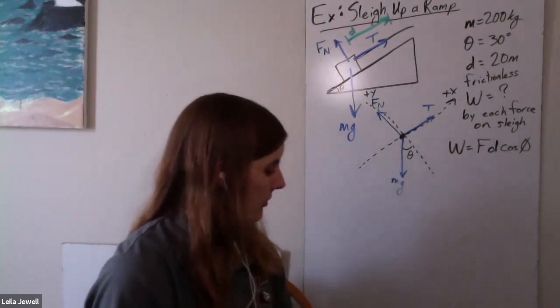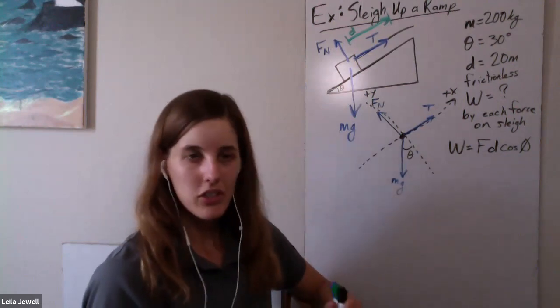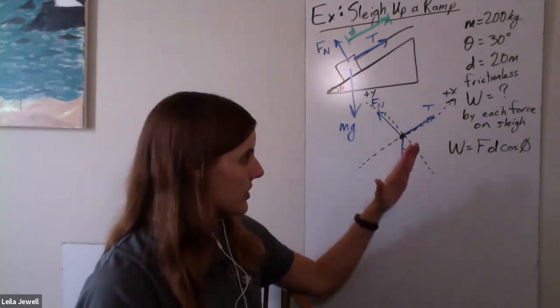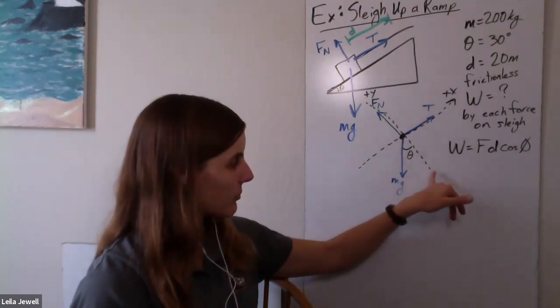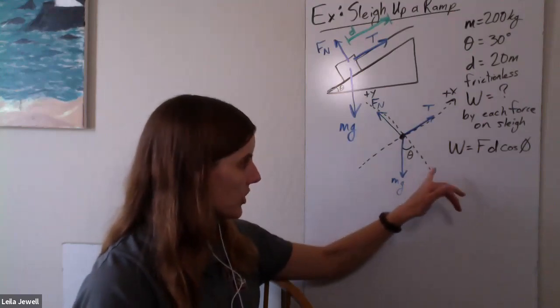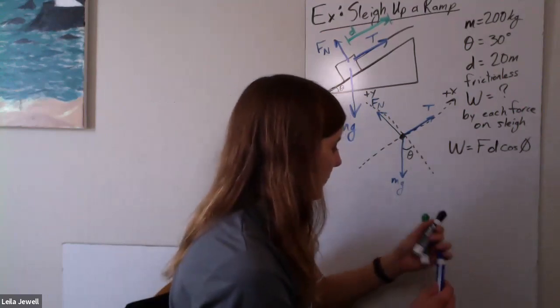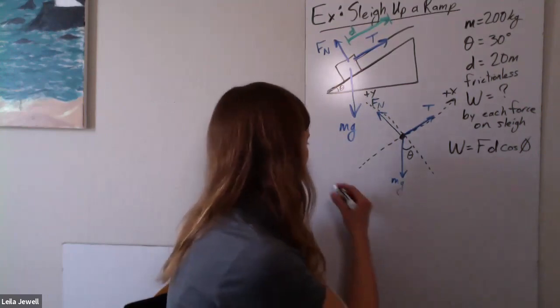So let's start with the normal force. Just to write it out, we don't actually know exactly what the normal force is, or maybe you do if you're well accustomed to these inclined plane problems, and you go, oh, I know the normal force is just going to be the y component of mg, which in this case is mg cosine theta, but we don't need to get into that just yet. Let's just look more generally at the normal force.